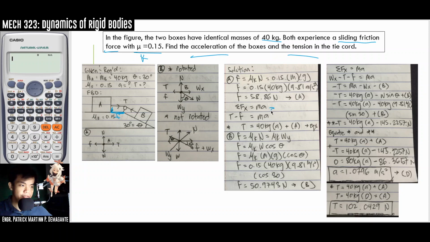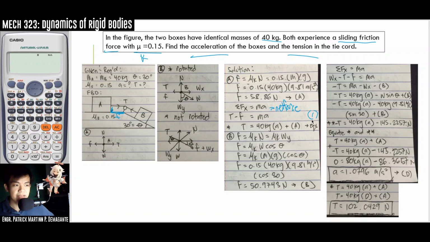Dapat dito may net force yan. Then, T minus F is equal to MA. Then, iwan natin si T sa kabila kasi unknown pa siya. Lipat sa kabila, MA plus yung ating frictional force na nakasave kay A. Ayan. So, this will be our equation 1.